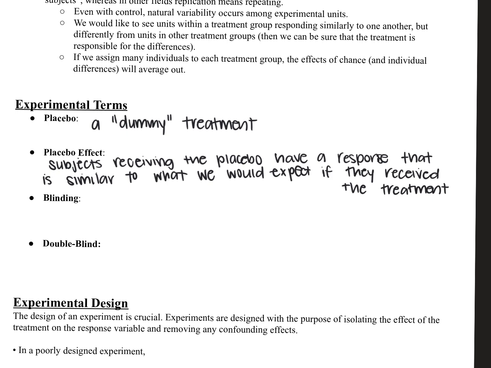So it is something that occurs in experiments. People are receiving that placebo, but they report that their symptoms are lessening or they're losing weight or whatever it's looking at. And that's what's called the placebo effect.